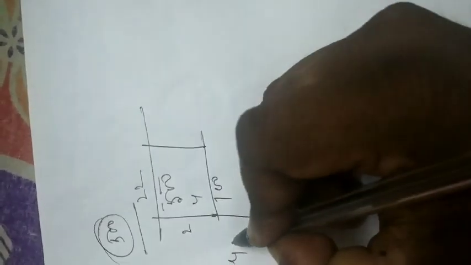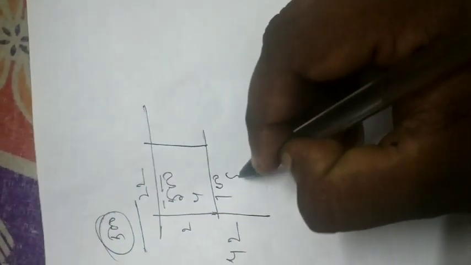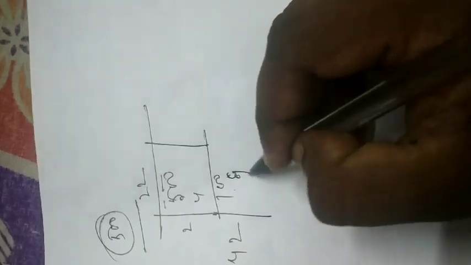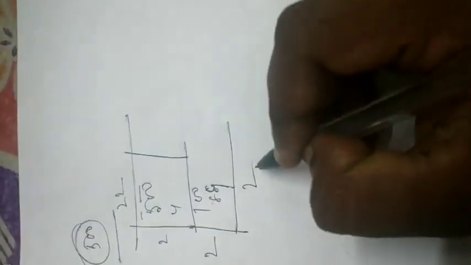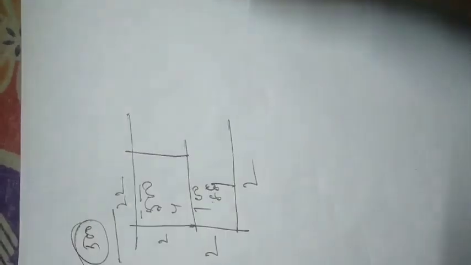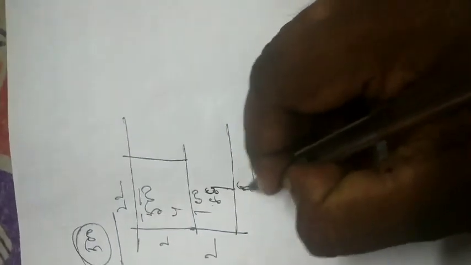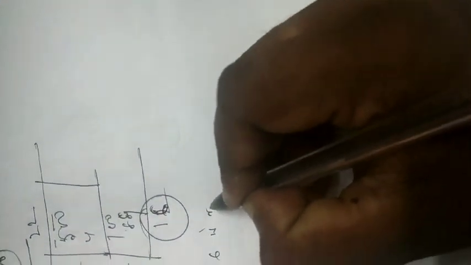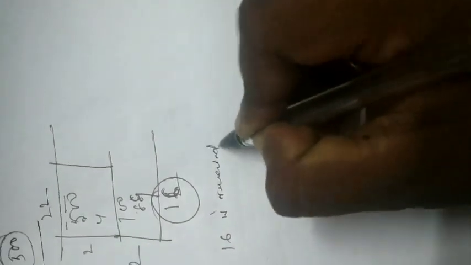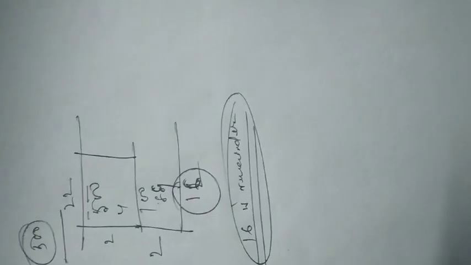I have to take 2, 2 2s are 4, 4 2s are 8, 84. 6, 16. 16 is the remainder. We got 16 as remainder.